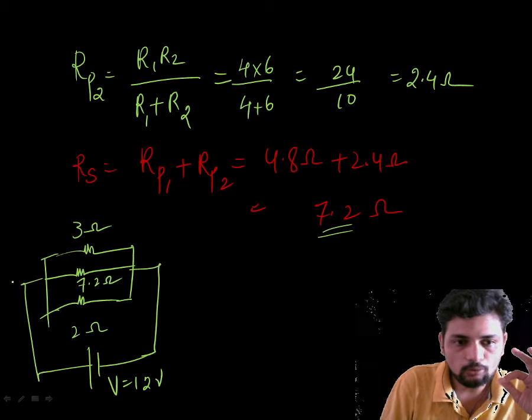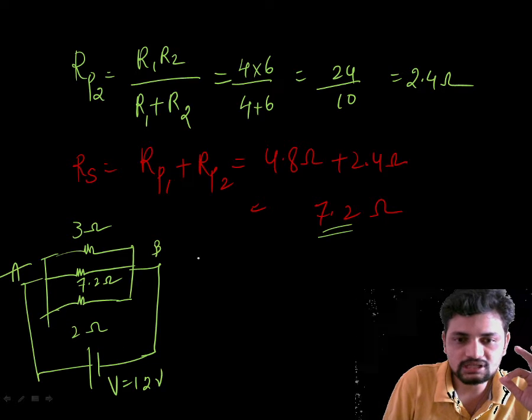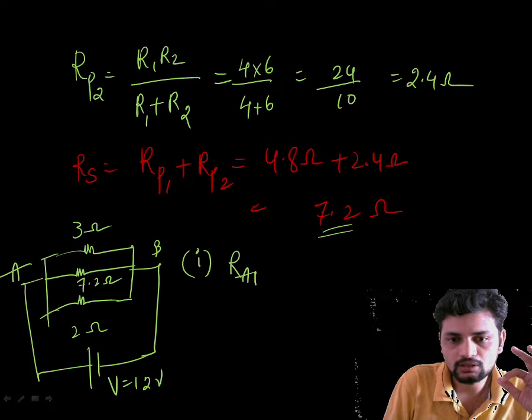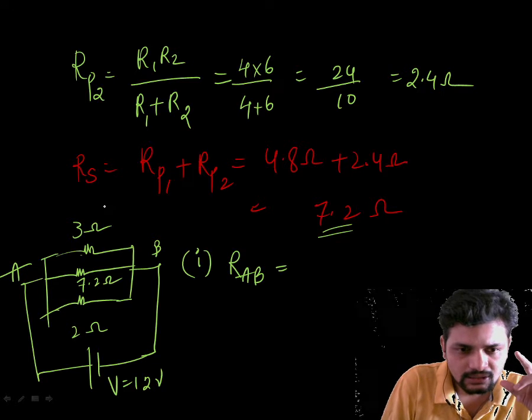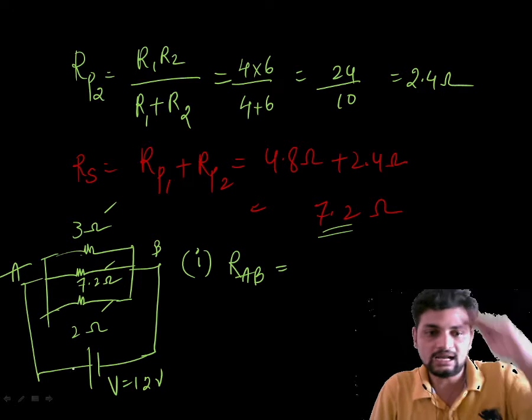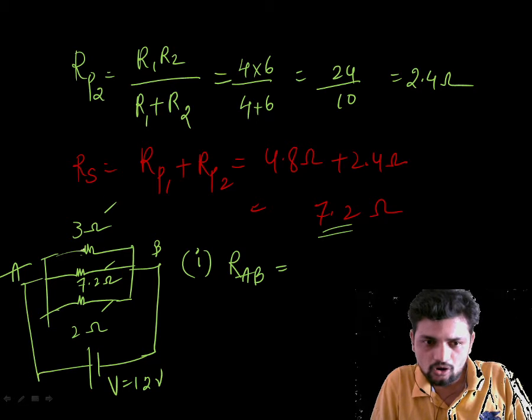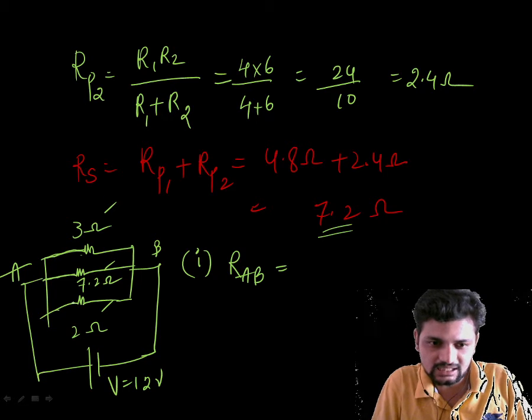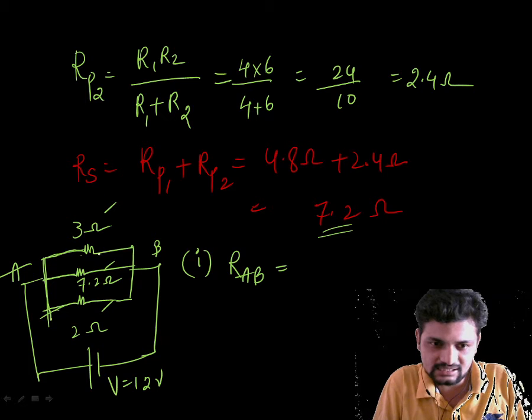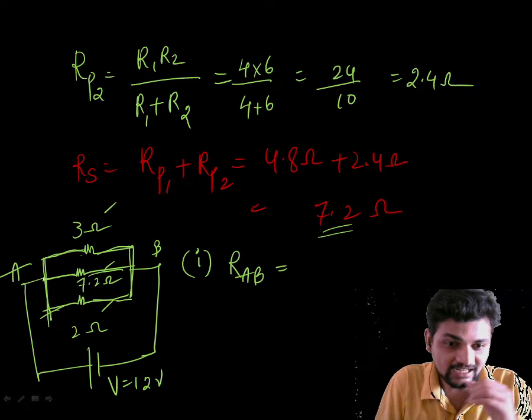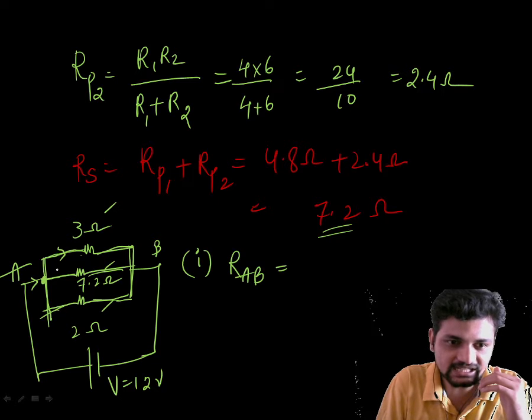Now they want us to find out, in the first sub question, the effective resistance between AB. So clearly you can see 3 ohm, 7.2 and 2 ohm are connected in parallel. See, all three wires are connected to a single wire on the left hand side. Same thing is happening on the right hand side. And moreover, current after reaching this point A is getting distributed.